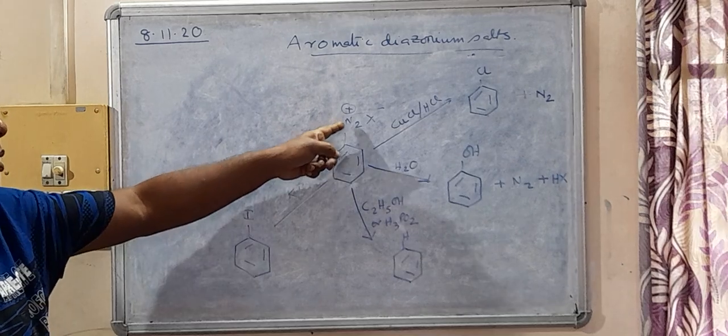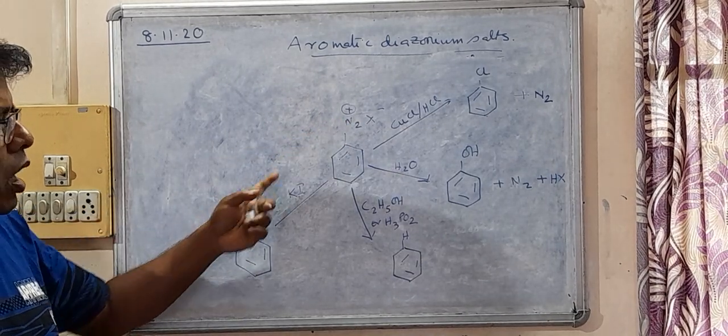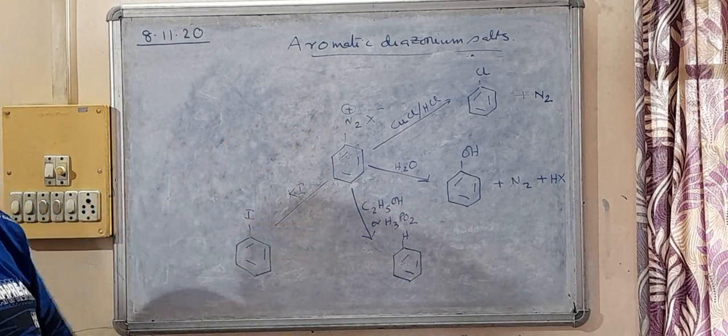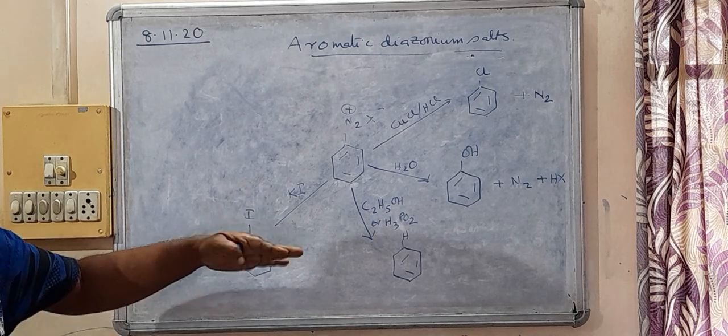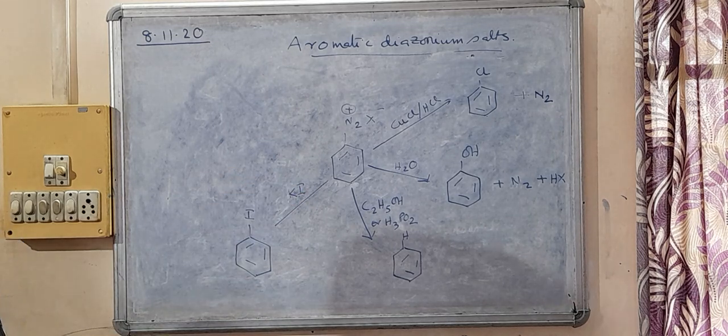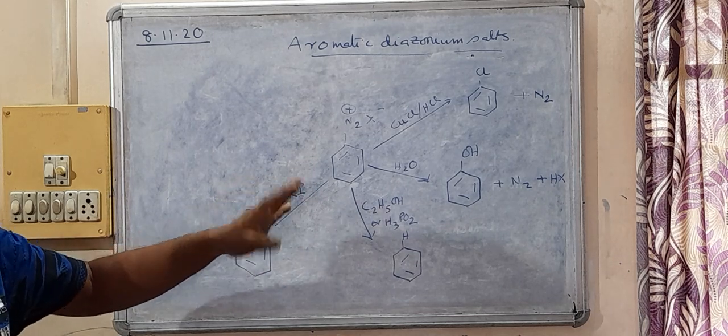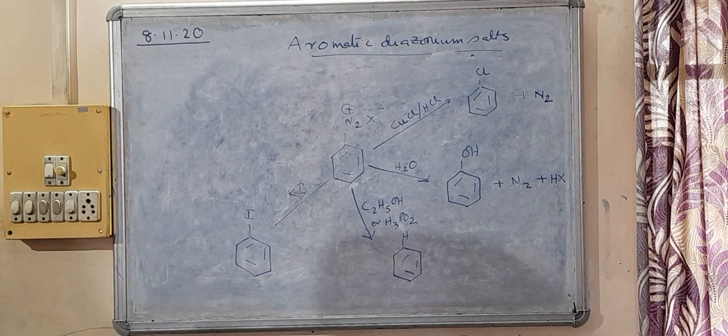How to replace it by F group? How to replace by NO2 group? All this type of reaction you will find in your book that you can just do, because it may be required in your competitive examination, and these are very important as far as organic conversion is concerned.